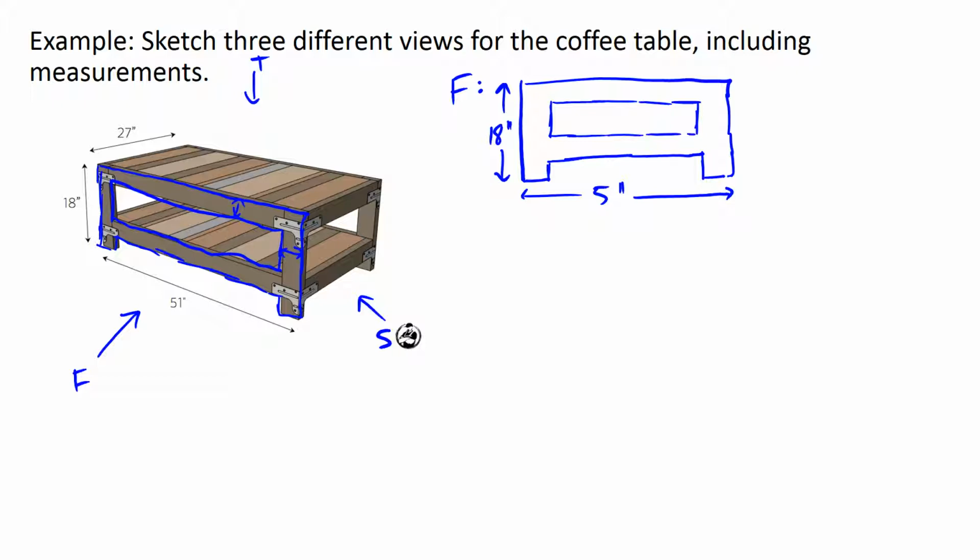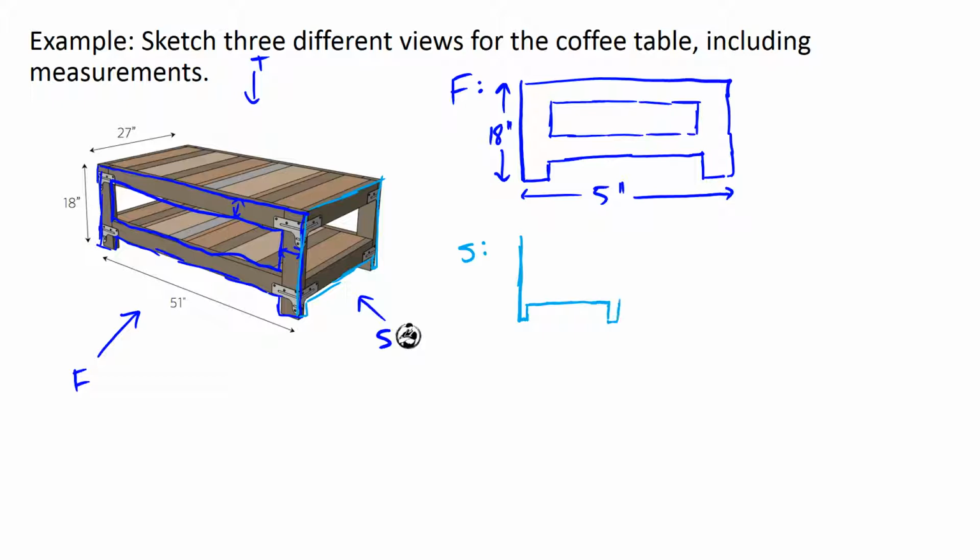The side is going to be very similar, so let's do the side in a light blue. You notice it's a thinner view of the foot because you're looking at the plank that's making the foot edge on. So around the outside, it's going to be a similar but thinner foot, and the whole side of the table is not as long as the front of the table.